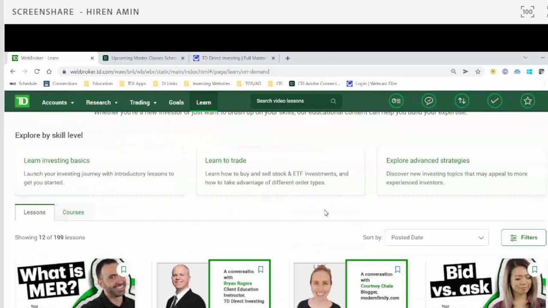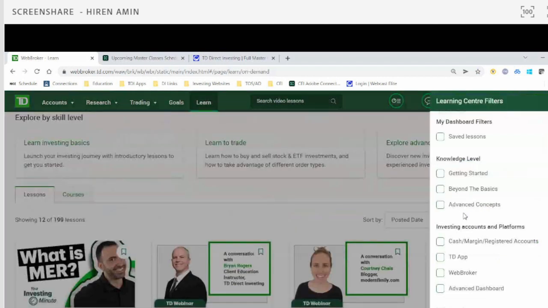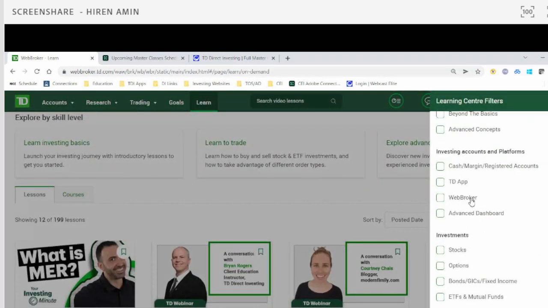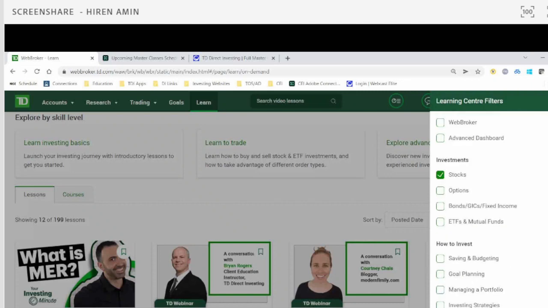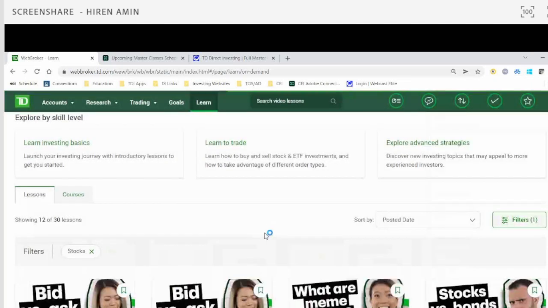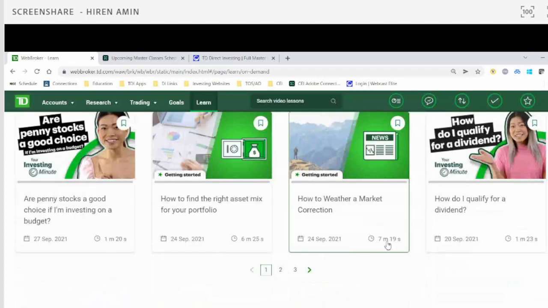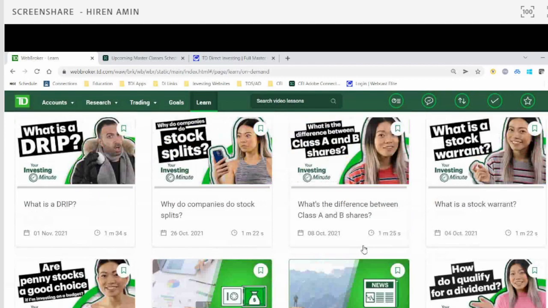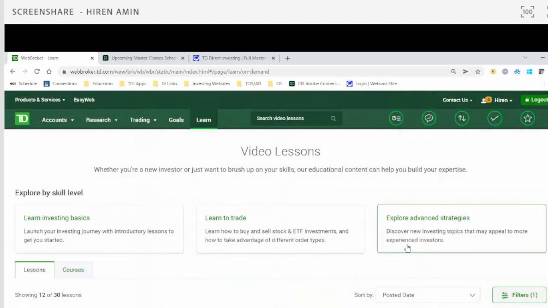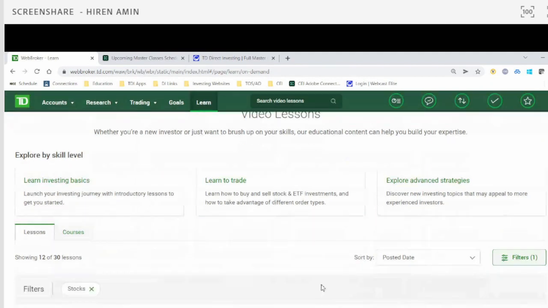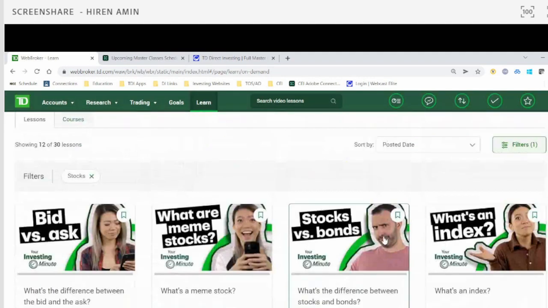And you can filter, and I think it's under stocks, I believe, where they have these order types. You can go to stocks and apply filters, and once you go through it, there's order types, which explains all the different types of limit orders, trailing stops, stop orders, kind of that video that I showed you. So if you want a refresher, you can definitely check in here as well and explore that. So fantastic resource over here.